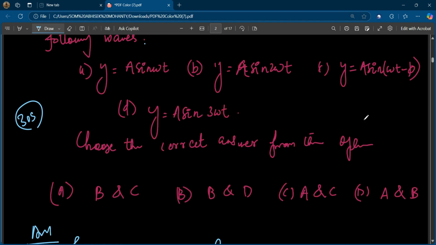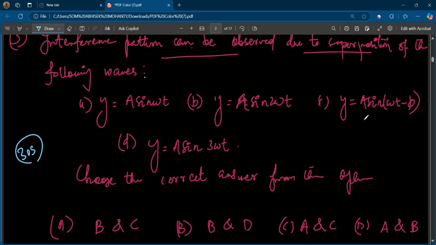Just see, coherent means again what? Frequency should be the same, right? So where is the frequency the same? See, here is omega. Frequency nu is equal to omega by 2 pi, right? So here this is omega, this is 2 omega, so they won't match. This is 3 omega, they won't match. This is omega, so they are matching.